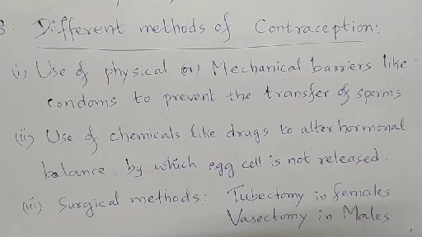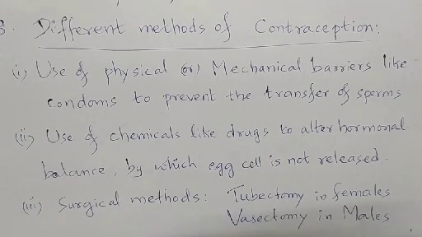Tubectomy is carried out in females, wherein a block is created in the fallopian tube so that egg is not reaching the uterus. And vasectomy is the block created in the vas deferens so that sperms are not released. So how is the block created either in fallopian tube or in vas deferens? By operation or surgery.